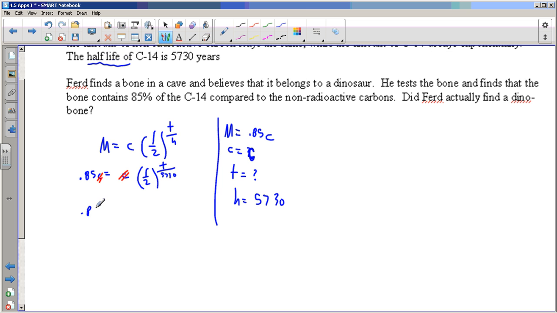I got 0.85 equals a half, and if you don't like a half, you can write it as 0.5, that's fine, to the t over 5730, and then I want to take the log of both sides, right? Get the unknown out of the exponent, get it back down to ground floor.